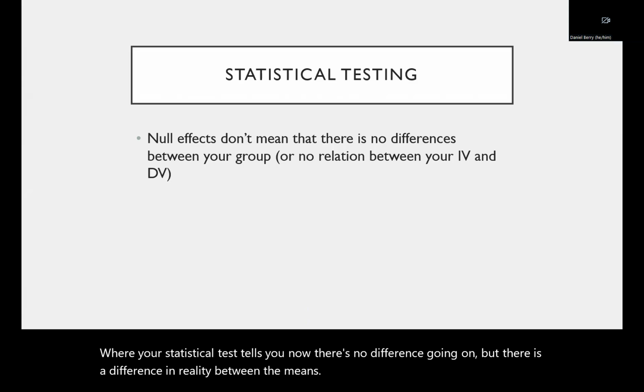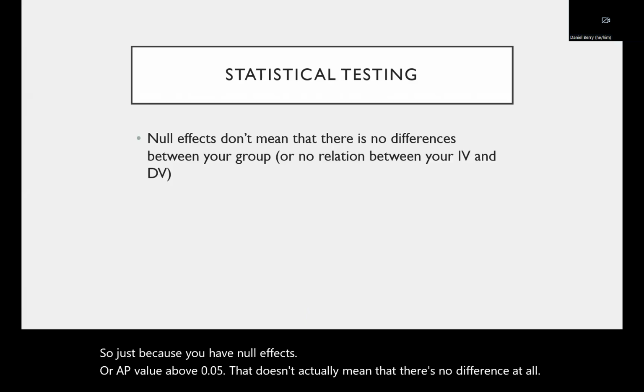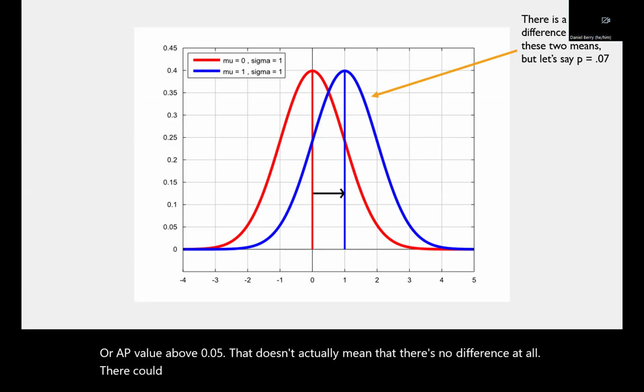So just because you have null effects or a p-value above 0.05, that doesn't actually mean that there's no difference at all. Instead, there could be a difference, but you lack the sensitivity in your statistical analysis to find it.